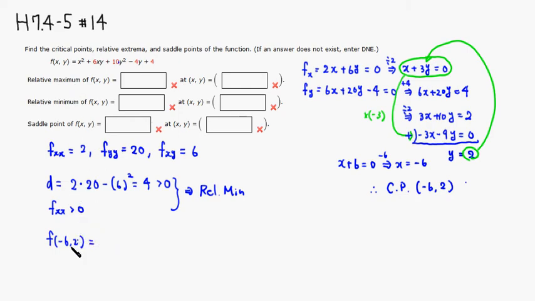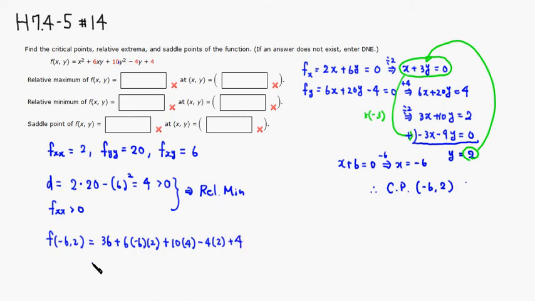This is going to be negative 6 squared, so 36, plus 6 times x, so 6 times negative 6 times 2, plus 10y squared, so 10 times 4, minus 4 times y, which is 2, plus 4.